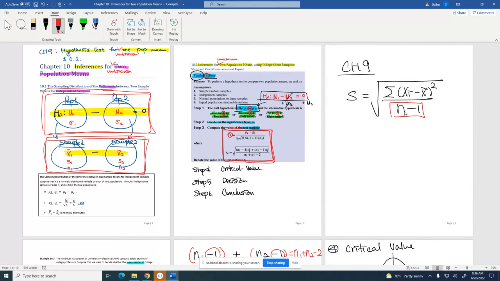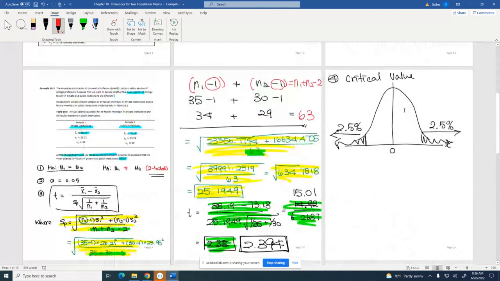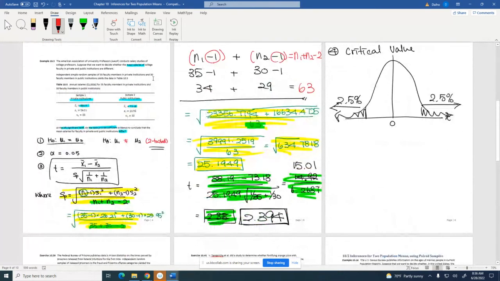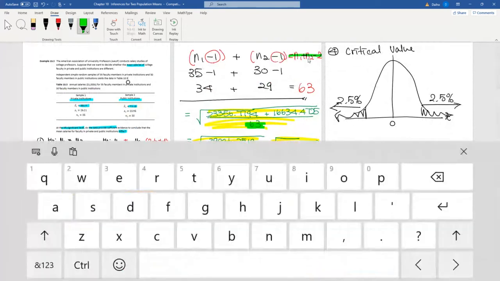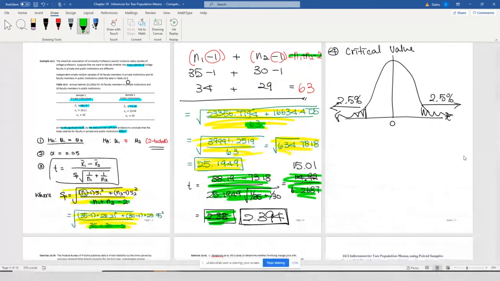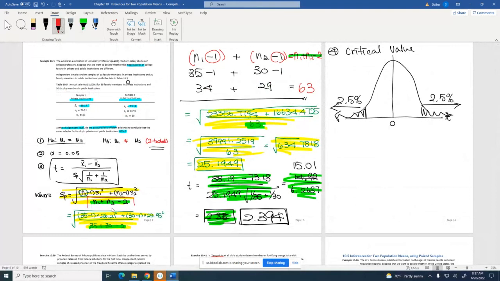Of whom? Standard deviation, S. Where was n1 plus n2 minus 2? It was in the denominator of the sample standard deviation Sp. Exactly the same place. It will be the degree of freedom, 63.